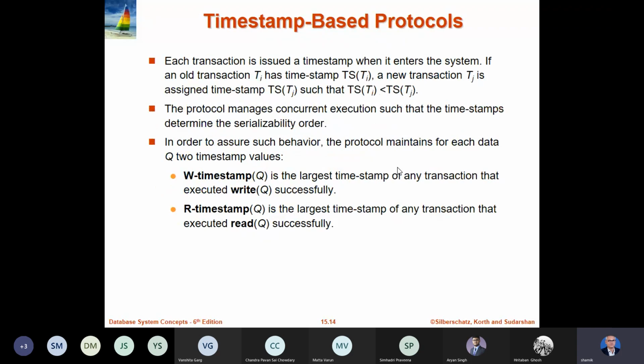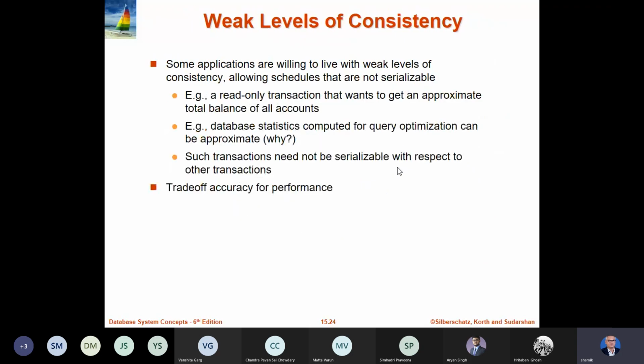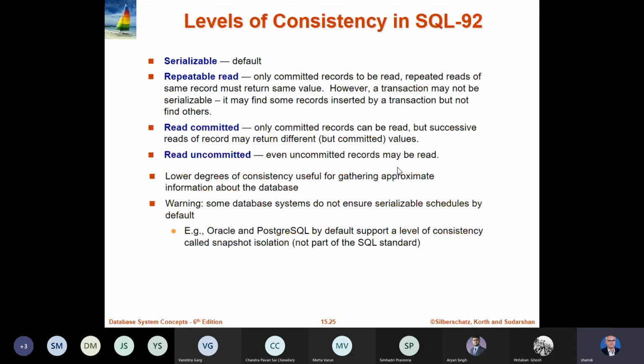So I think we might stop here because we have discussed quite a few things. In our next class on Monday, we will take up the remaining topics. We are currently at slide number 14, so we will discuss some more such material on Monday for sure, and then we'll move on to recovery of transactions.